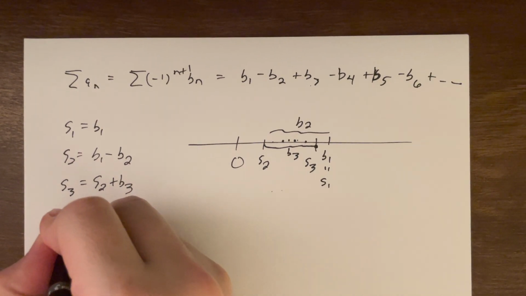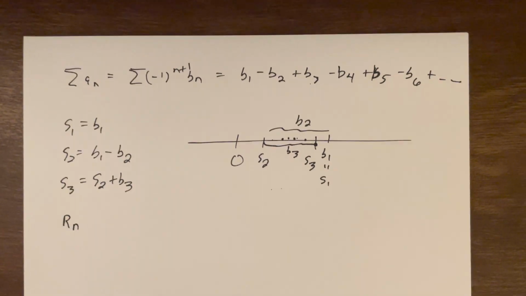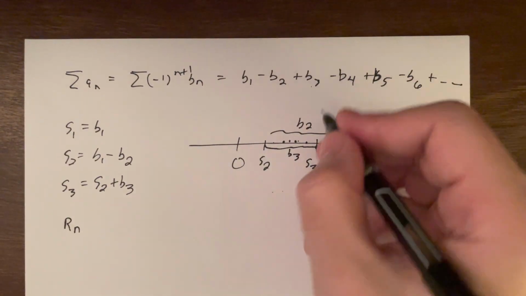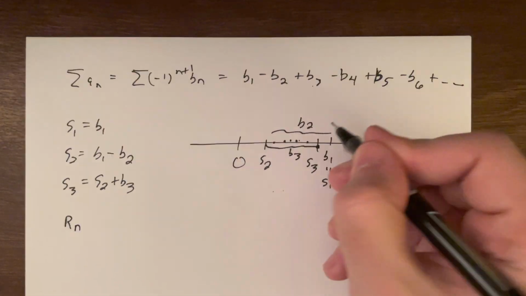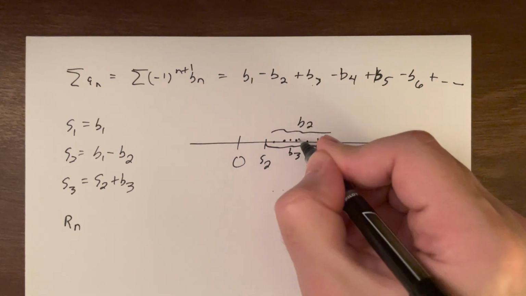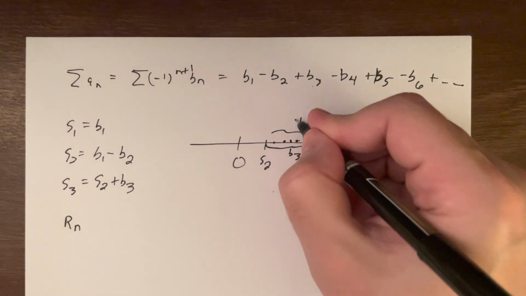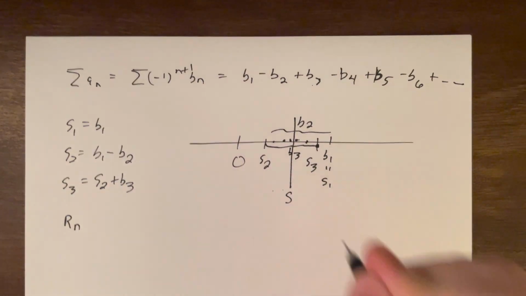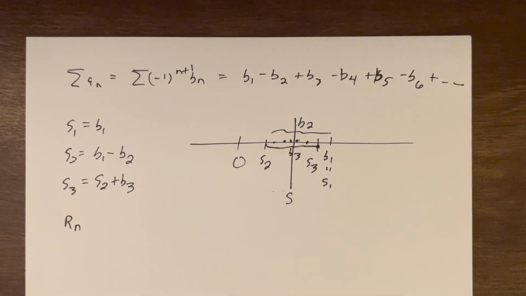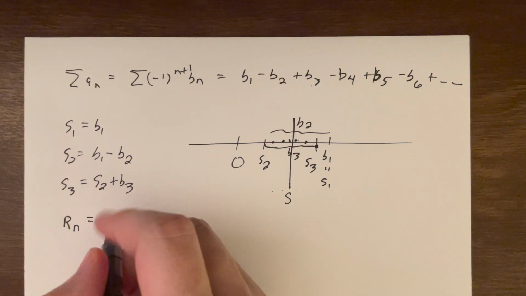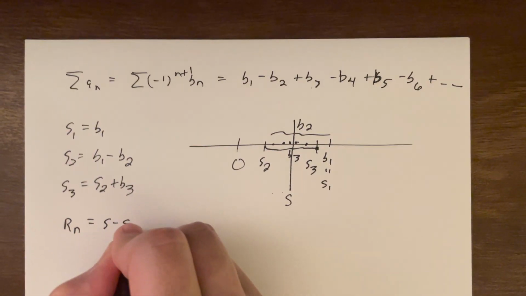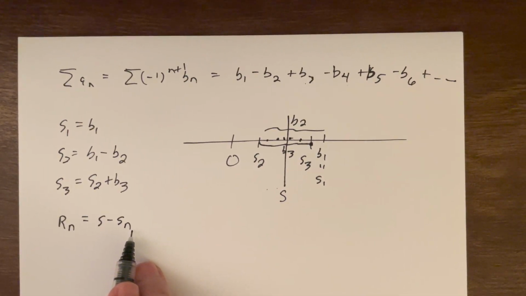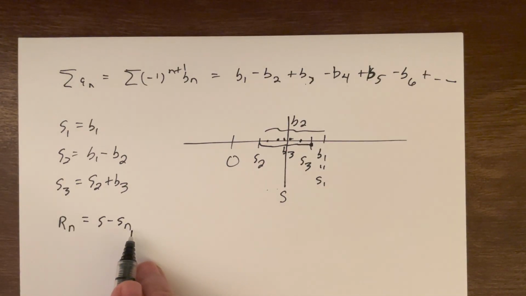The next thing is when you think about Rn, the remainder, well, look at what I was doing here. So again, S3, then I'd say this is S4, then S5, S6, S7, S8. So my final sum would have to be somewhere around here. But at every step of the way, remember how Rn works. Rn is the difference between the actual sum and your sequence of partial sums. That's kind of like your error.